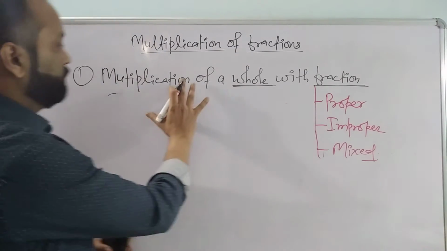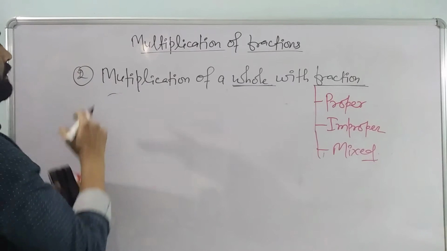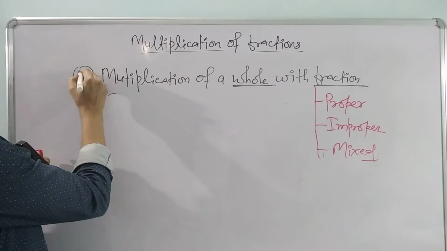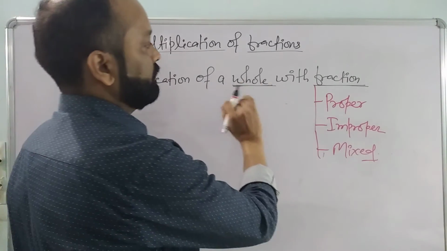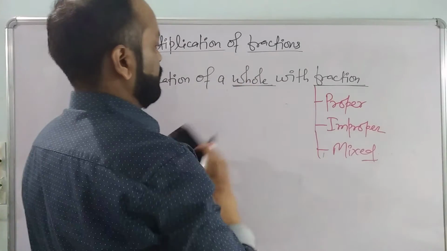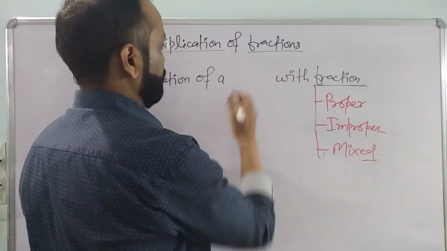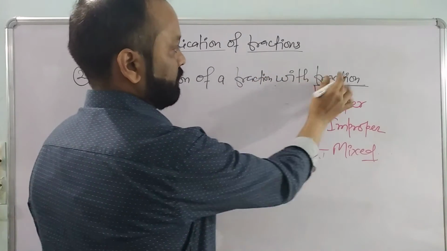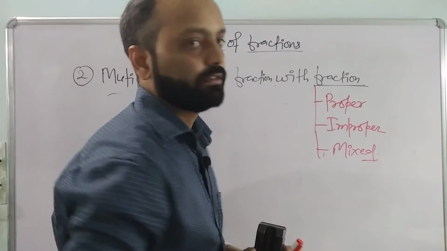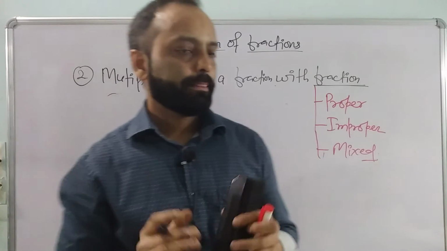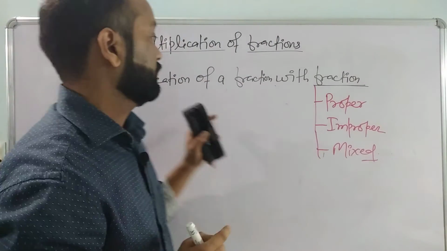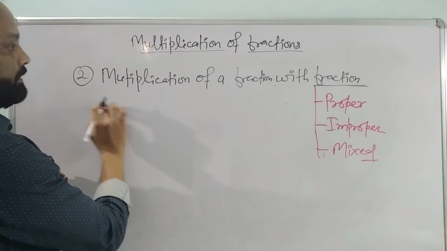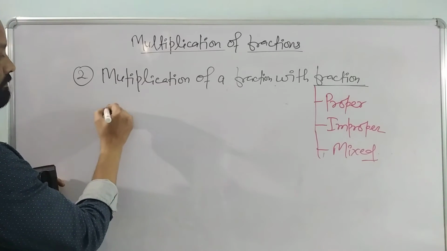Now this was the first case. Now the second case will be multiplication of a fraction with a fraction. Okay, so in this case let us understand with one example.